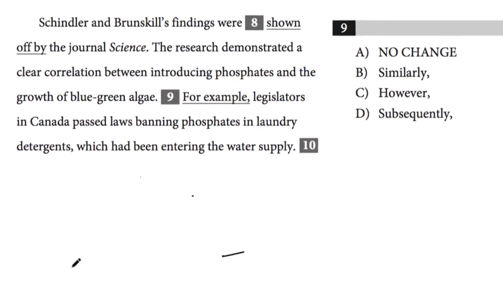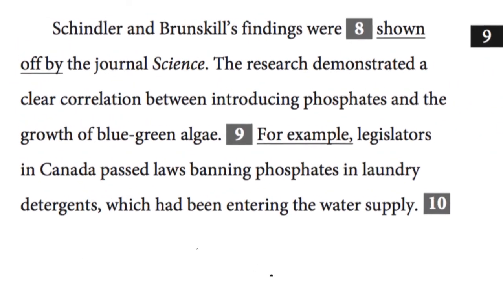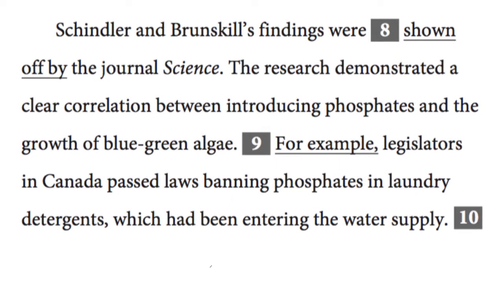The first step is to read before and after the underlined phrase. Let's go ahead and do that. Before the underlined phrase, we have Schindler and Brodsky's findings were shown off by the journal Science. The research demonstrated a clear correlation between introducing phosphates and the growth of blue-green algae.